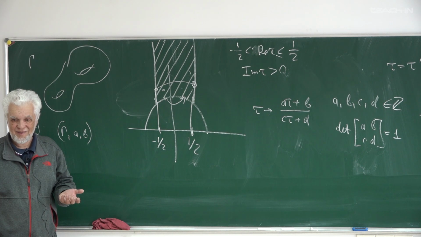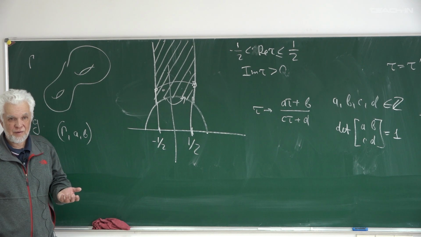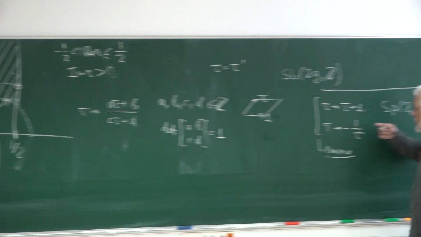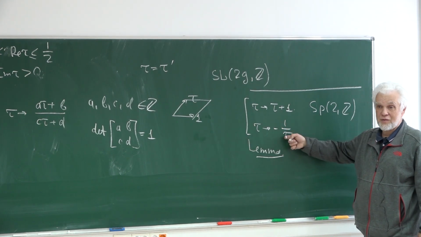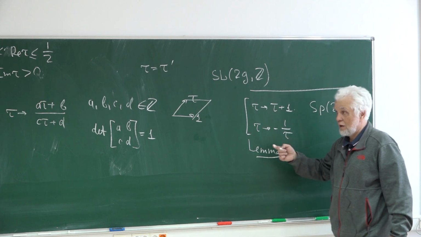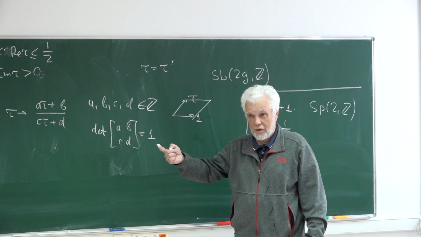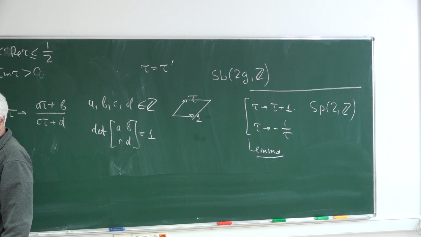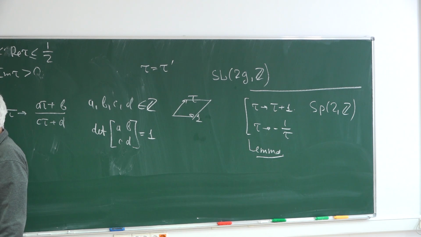Yes. So again, we have this upper half plane, and we apply this group. But this group is generated by these two transformations. Maybe it's a good exercise to check that applying these transformations, we can move any point of the upper half plane inside this area, or to the boundary. And if you moved it inside this, it's a unique point.